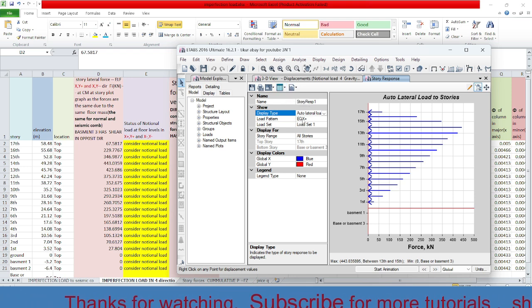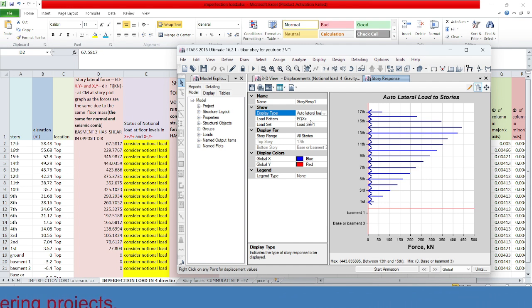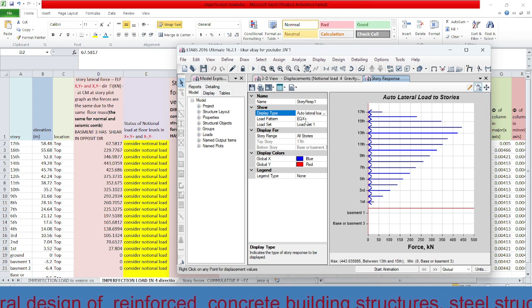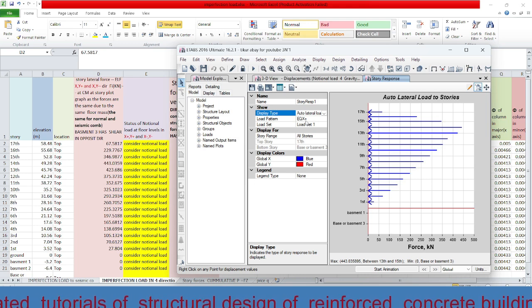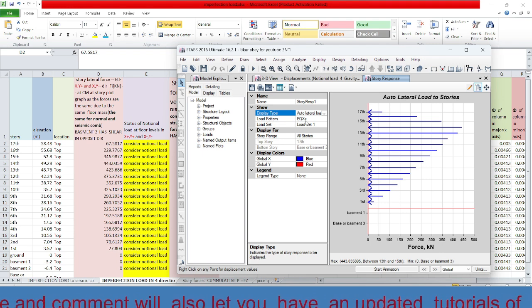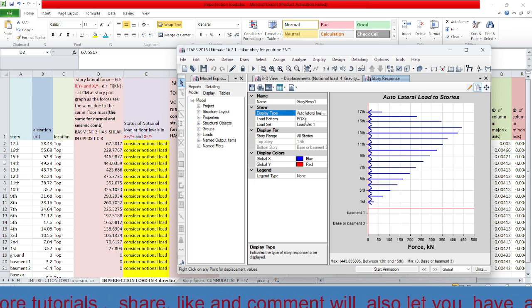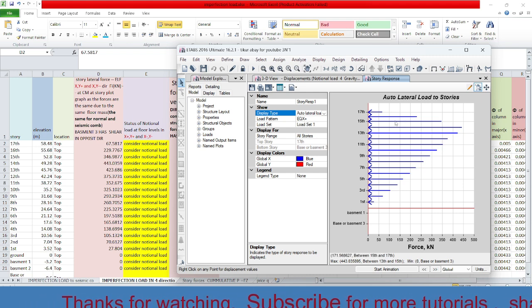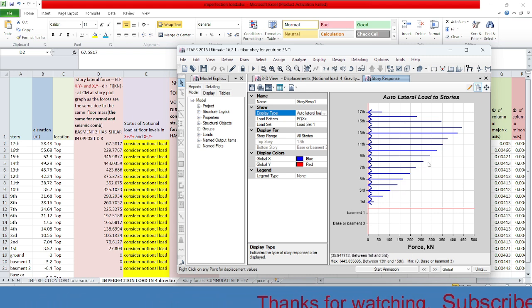Here I can take EQX or EQY, because EQX plus and EQX minus, EQY plus and EQY minus are the same, because the lateral force calculation depends on the story mass. The story mass in all directions is the same, so the lateral forces are the same for all directions.